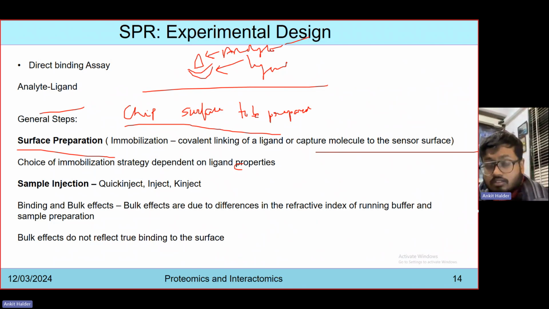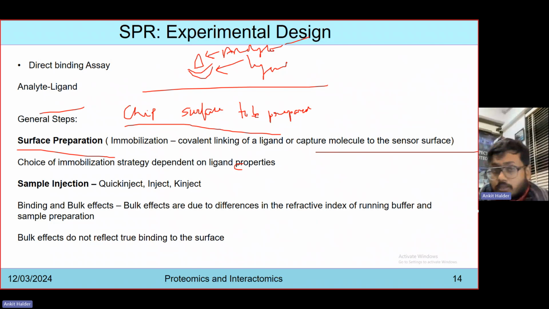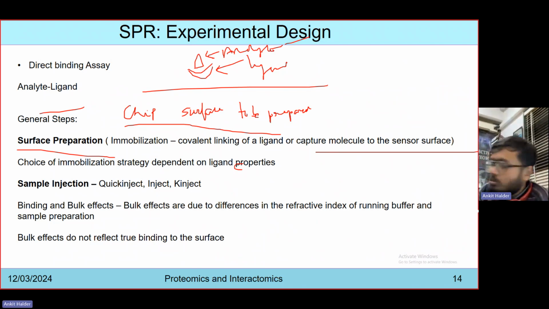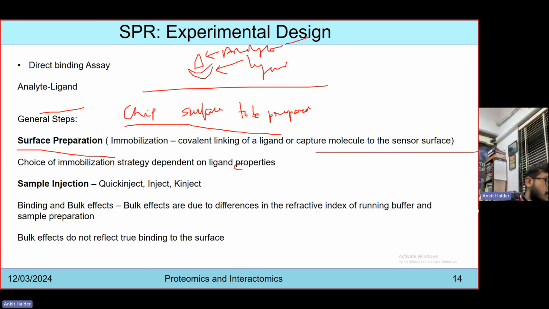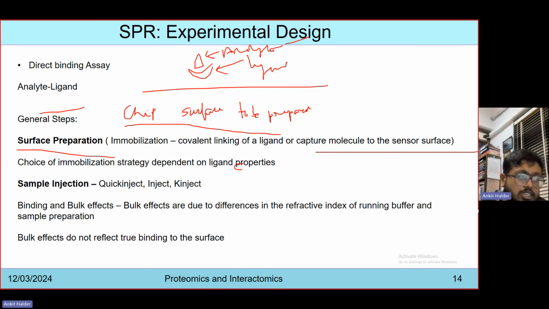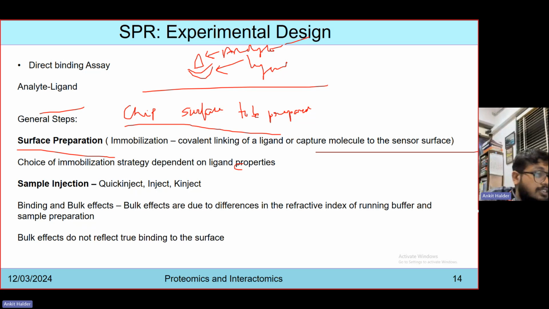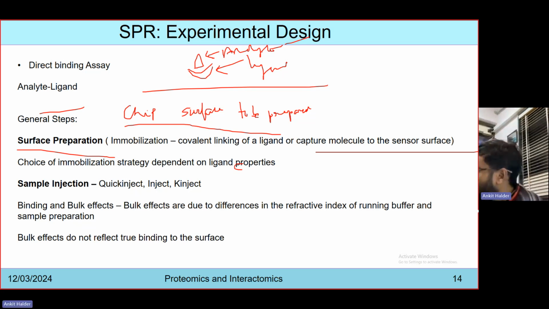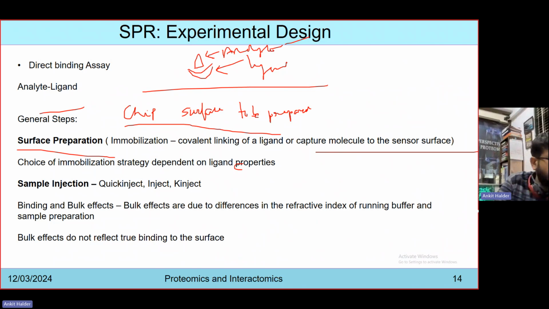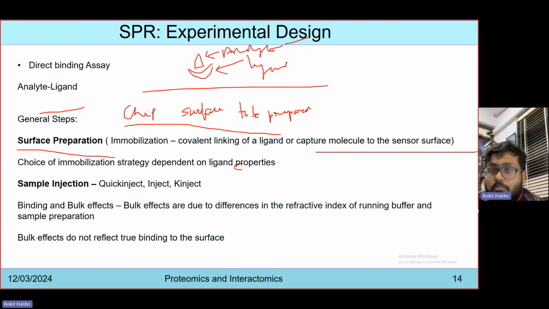So this strategy will be completely dependent on the ligand properties. Now the sample injection can involve two major concepts: one is the binding effect and another is the bulk effect.